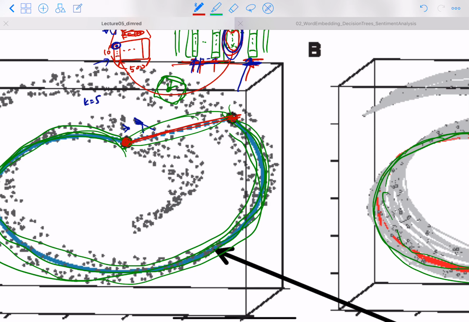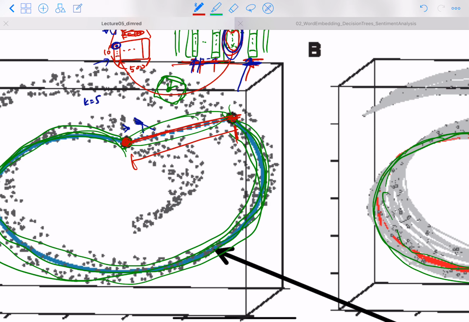If we set k as 100, those two points will be connected as neighbors. So the shortest distance suddenly becomes really small, and this distance will never be an approximation of the geodesic distance, right?